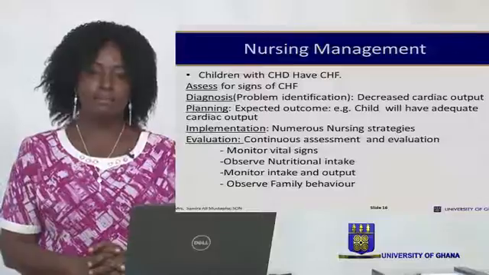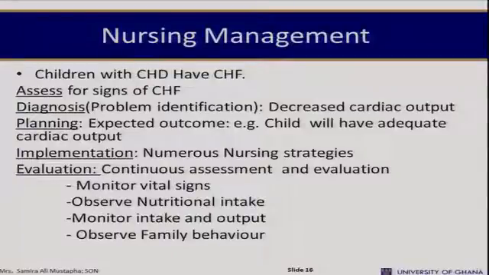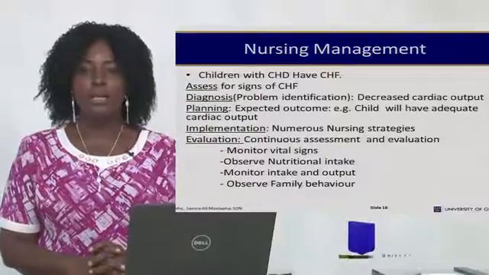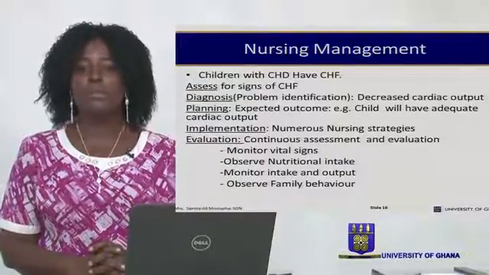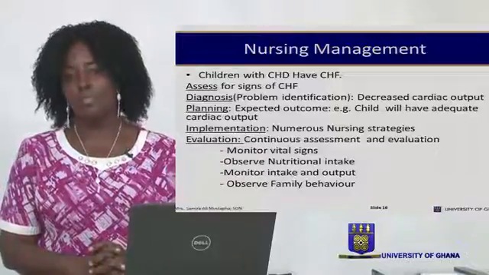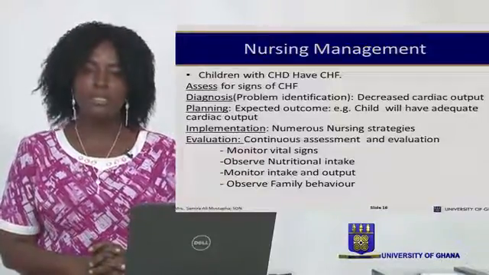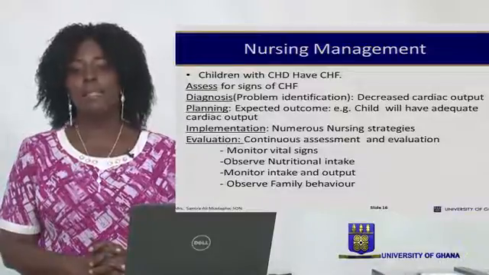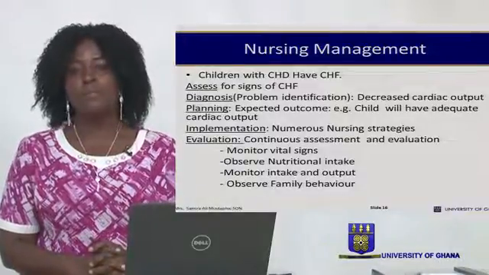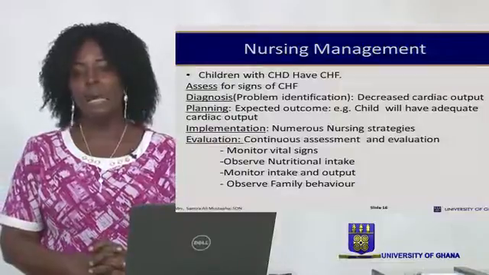Nursing management. Children with heart failure, we need to assess for congestive heart failure. We discussed the symptoms already, and also diagnosis, so that we will make the appropriate diagnosis and also plan. So in terms of nursing diagnosis, we have decreased cardiac output that will relate to the condition. And then in terms of planning our expected outcomes, we will have adequate cardiac output.